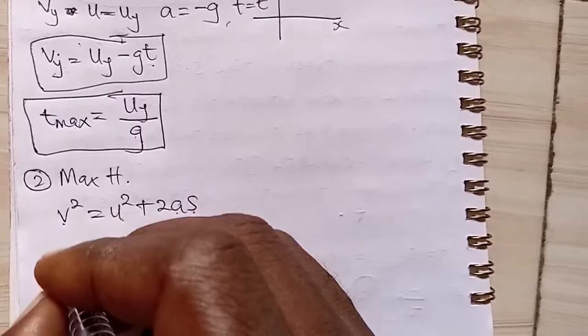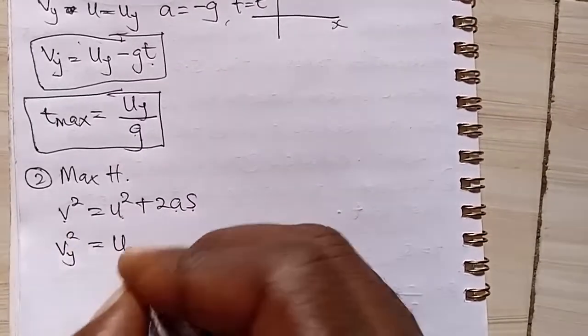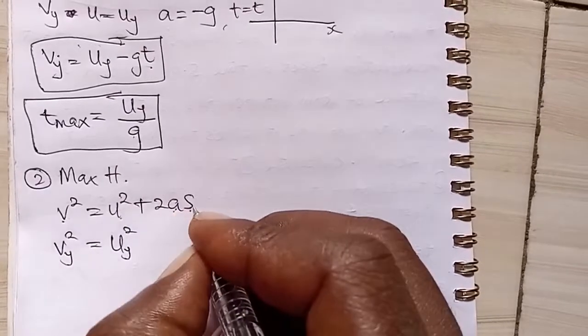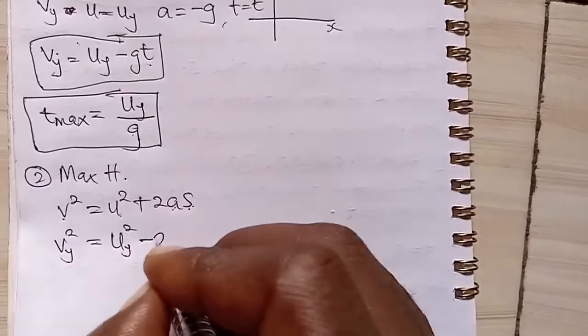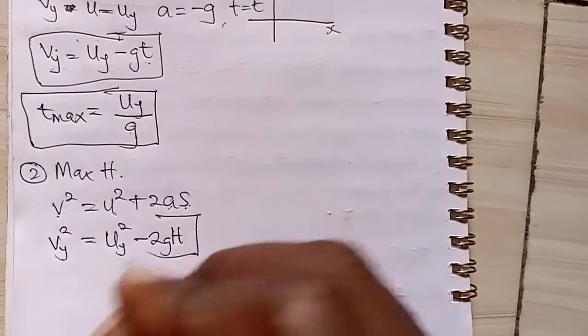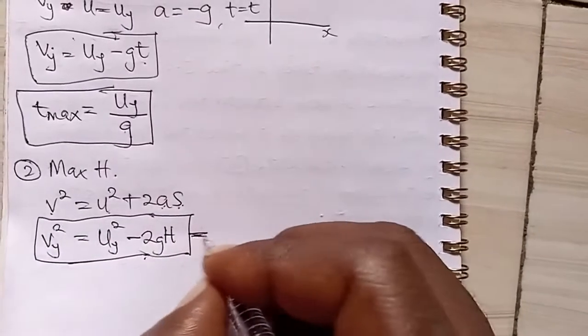So we can rewrite this as vy squared equal to uy squared minus g times this, it becomes minus 2gh. So this is at any point where it has not gotten to maximum height, so we use this equation.